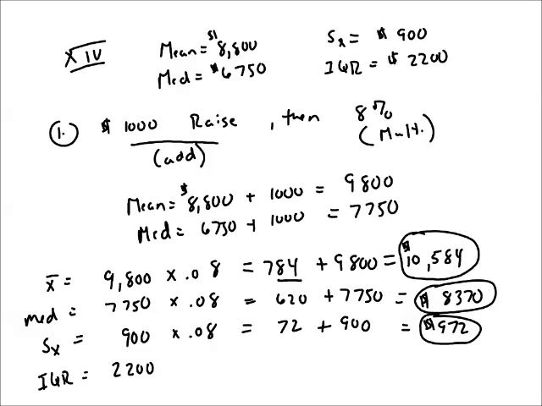That didn't change when we added 1,000. Times 0.08 is $176. And then add it back into the 2,200, and we get $2,376.